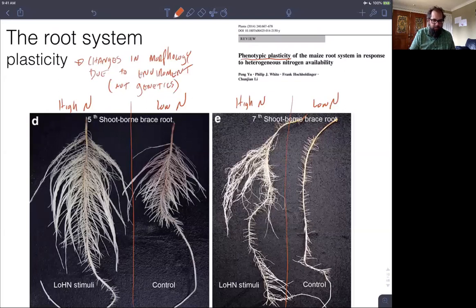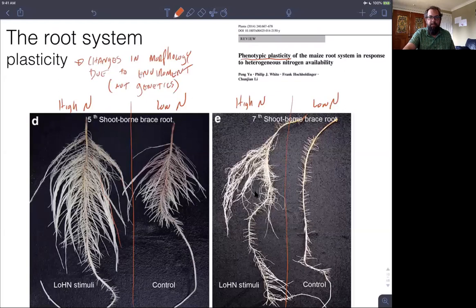In that high nitrogen environment, we see lots of root growth going out there and harvesting that resource out of the environment, whereas in the low nitrogen environment, the roots are not growing as much because they're not finding the resources that they need.